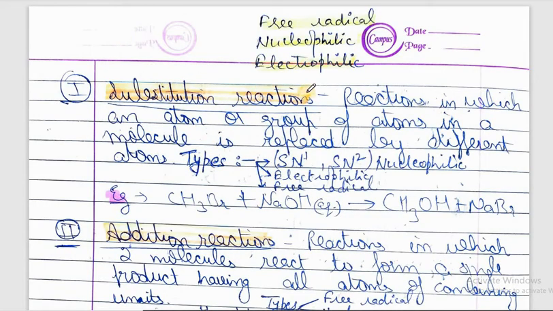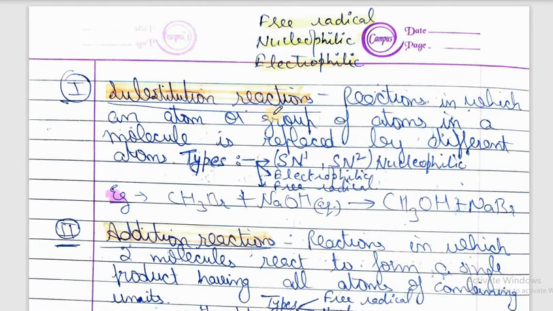So next comes the types of reactions. There are so many reactions. First we will start with substitution reactions. Substitution reactions means the reactions in which one atom is replaced by another atom, or one group is replaced by some other group.